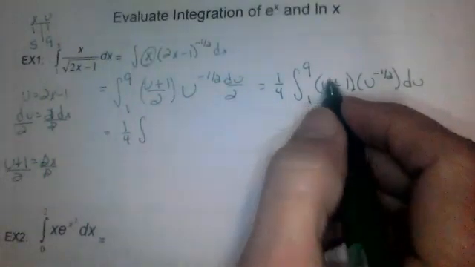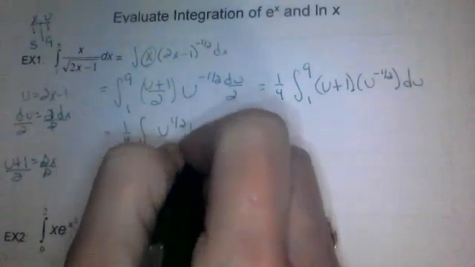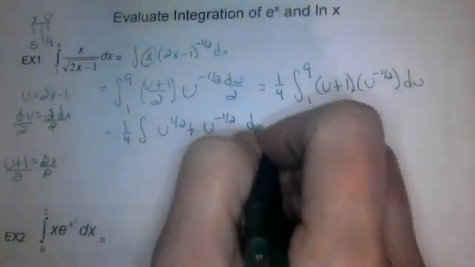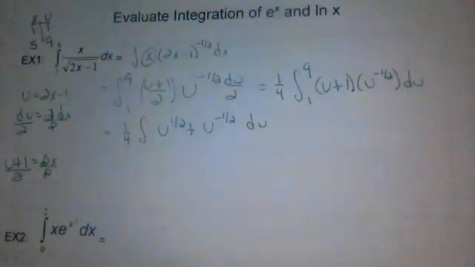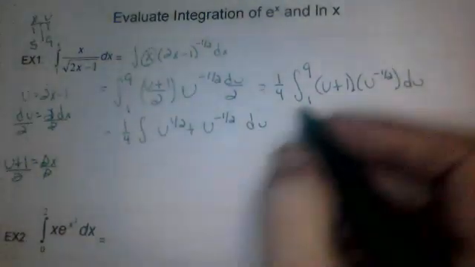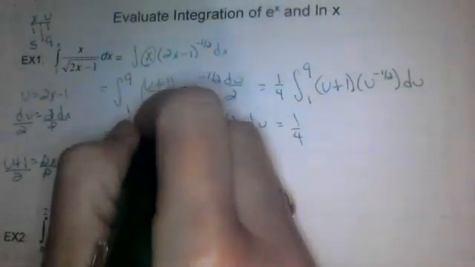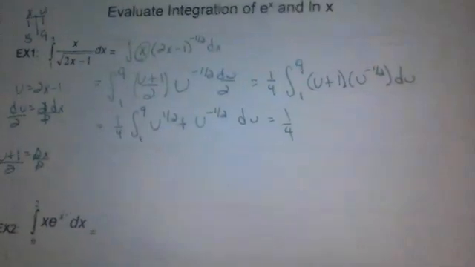When we multiply, we add the exponents, so 1 plus negative 1/2 would be u to the 1/2, plus 1 times u to the negative 1/2 is u to the negative 1/2 du. This is still from 1 to 9. Let me go ahead and integrate, and then we'll evaluate.